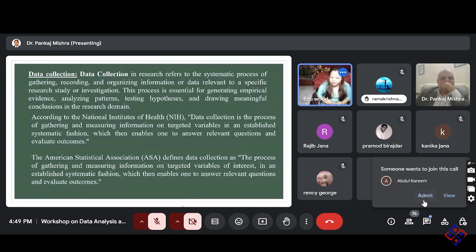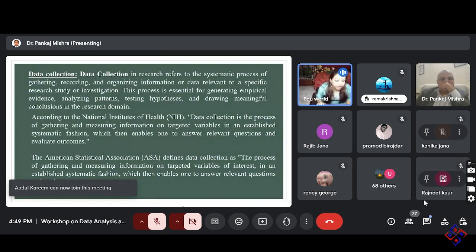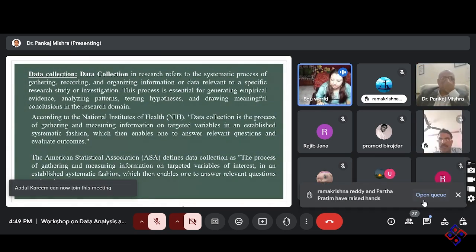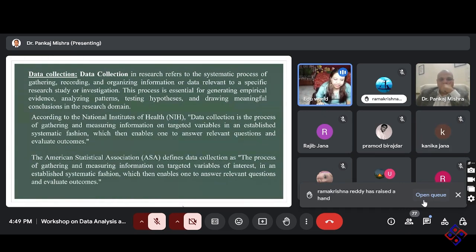Okay, sir. So first we will start with data collection, as I was saying. In the third chapter, we generally start with data collection. Now, what is this data? Data is a fact, an evidence, an information which we use to collect evidence from the respondents.